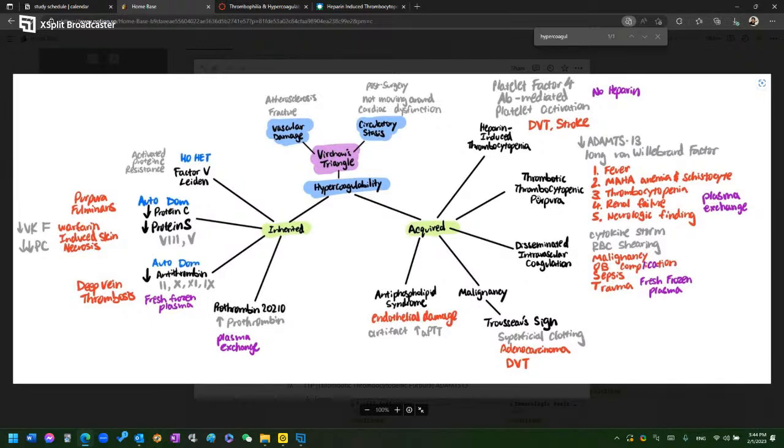Whereas thrombotic thrombocytopenic purpura is a very specific, very unique case. So malignancy is related to DIC, but malignancy can cause hypercoagulability even without this specific kind of coagulation. So then we look for Trousseau's sign.